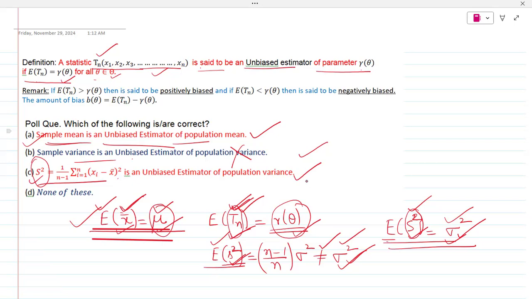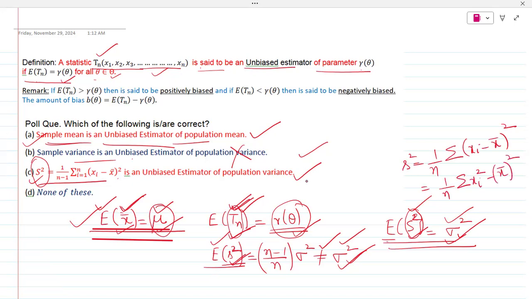One remark here: we have one thing that we call sample variance, that is 1 by n summation xi minus x bar square. Also, this is equal to 1 by n summation xi square minus x bar square.